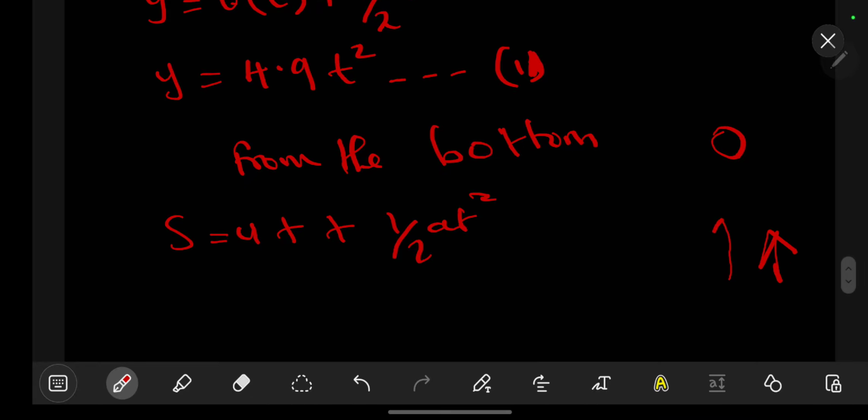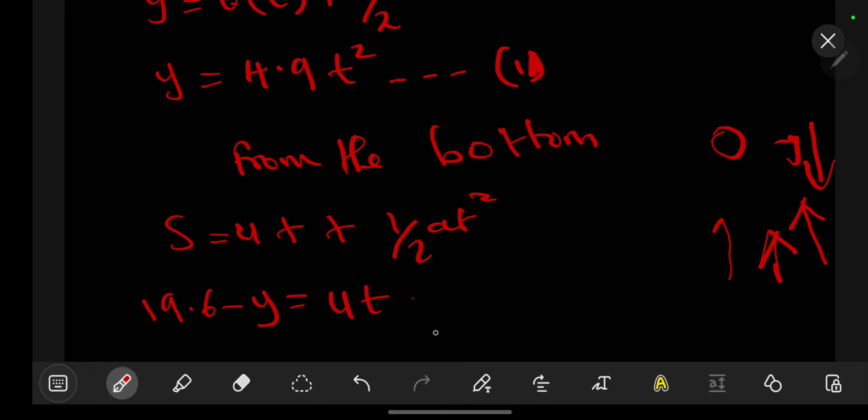So the displacement that it will move, for the one from the bottom, we said shall be 19.6 minus Y, which should be equal to UT, since we don't know the initial velocity. Then since it is moving up and gravity is moving down, gravity shall assume the negative value, since it is in conflict with the throwing of the stone.